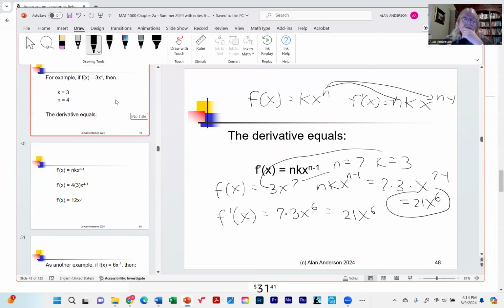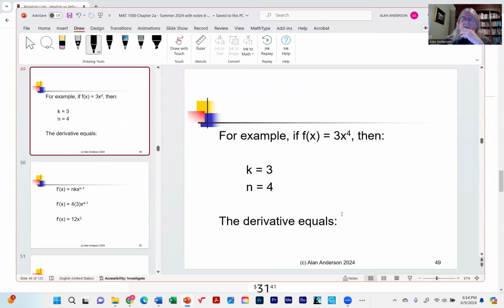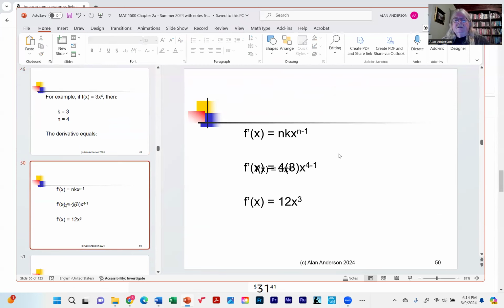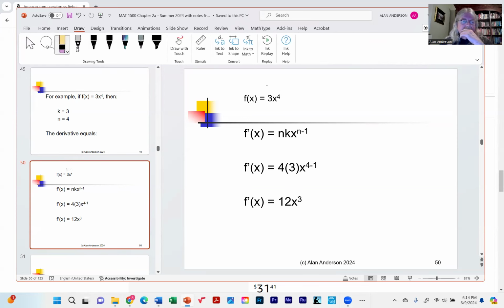What if instead we have 3x to the 4th? Let me just put this up here. Then applying these rules, now of course this is our k. Let's try that again. kx to the n.